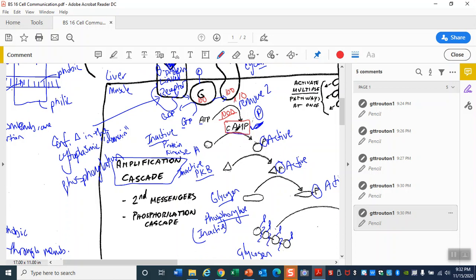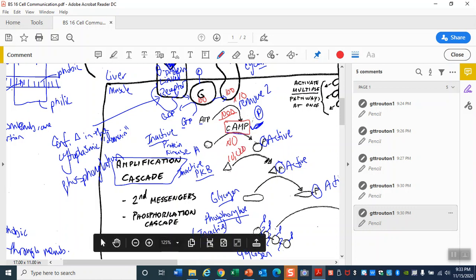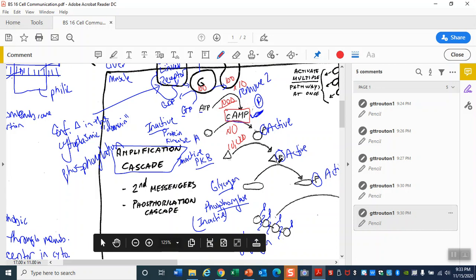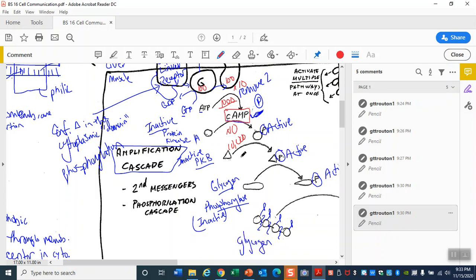So 1,000 cyclic AMPs times 10, by the time you get to your active pKa, you've got 10,000. By the time you have active pKb, you do times 10 again, and you get 100,000 active pKb.